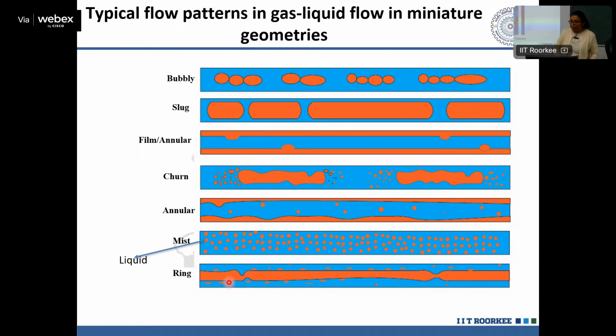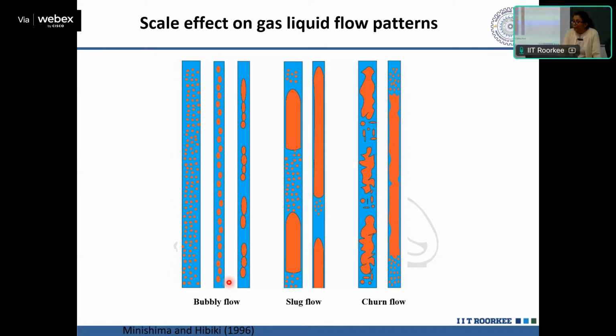Now, Mishima and Hibiki did a very nice experiment over the entire range from 5 mm tube diameter down to 1 mm, so that they could gather the actual difference when progressing gradually from a conventional channel towards the mini channel. Here the orange is the air bubble.